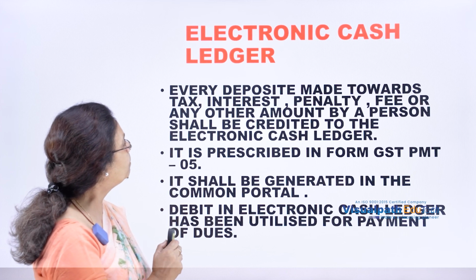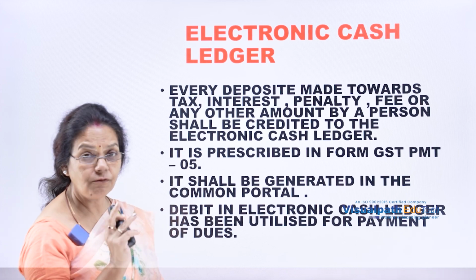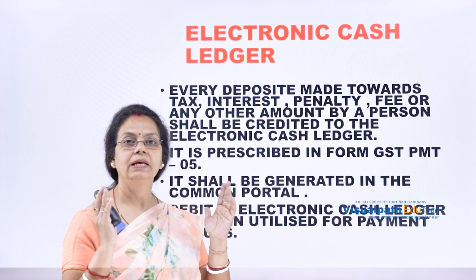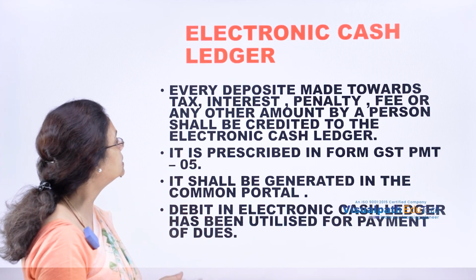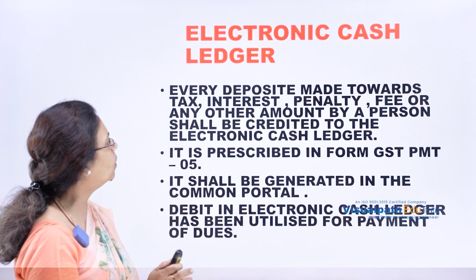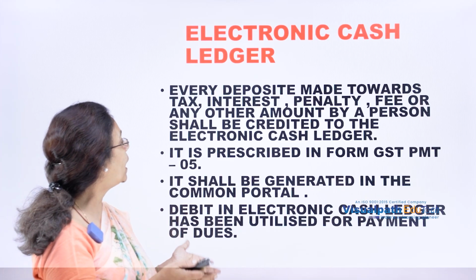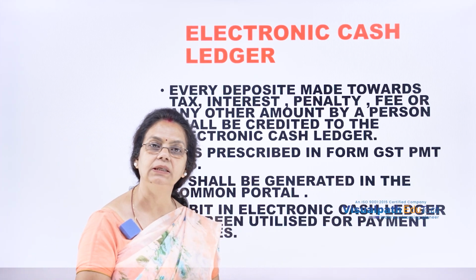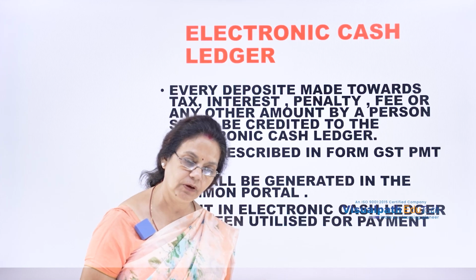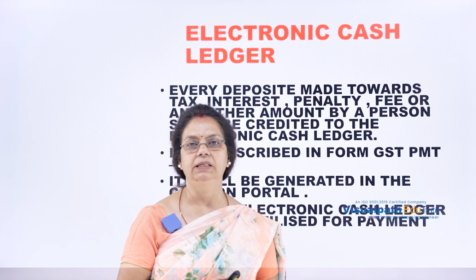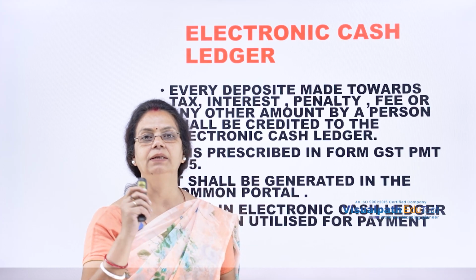Now, every deposit made towards the tax, interest, penalty, fee, or any other amount paid by a person shall be credited to the electronic cash ledger. As I told you, whenever we receive an amount of money, we always receive the message, your amount has been credited.